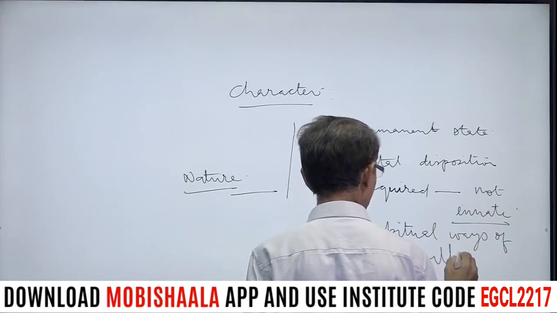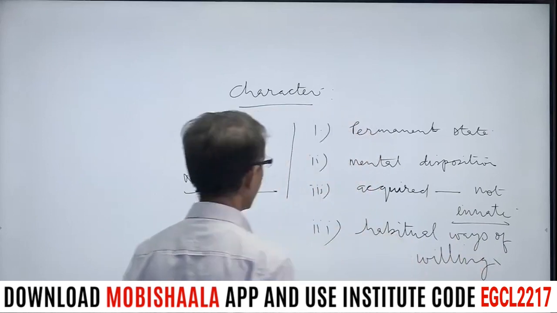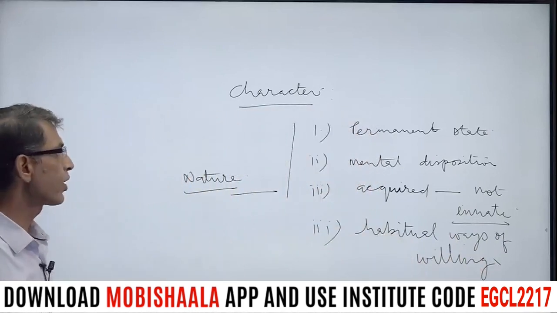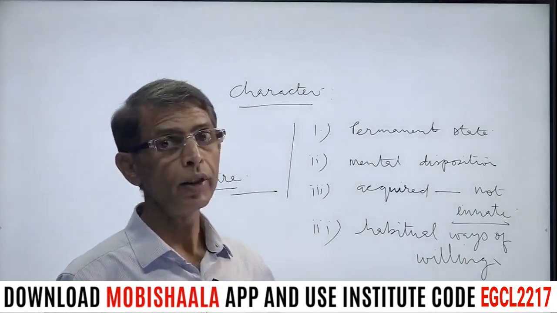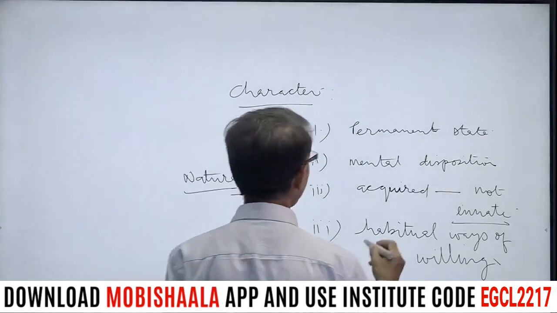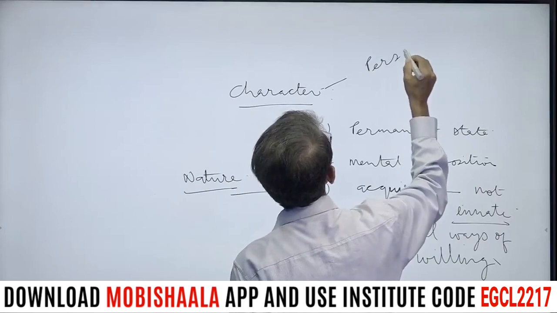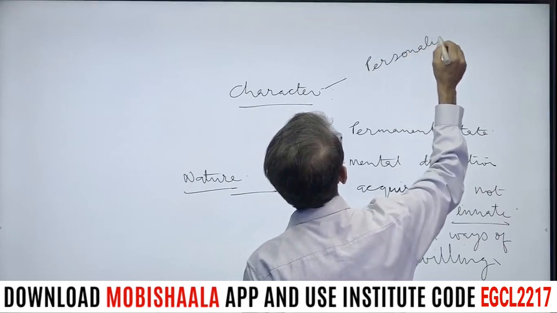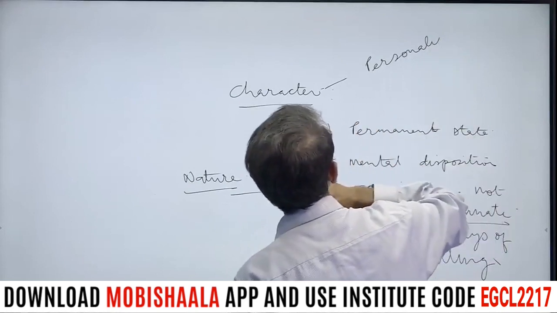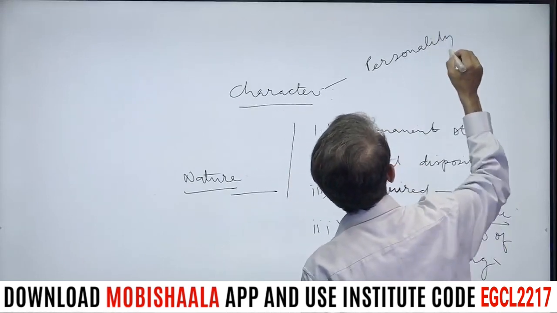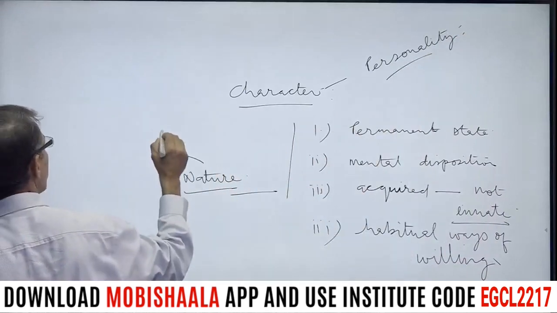So this is your character. And the very interesting thing is that it is not nature. There is a difference between individuality and personality. Your character makes personality. This is the source of personality. Just try to understand. It makes personality, and it is a source of individuality.